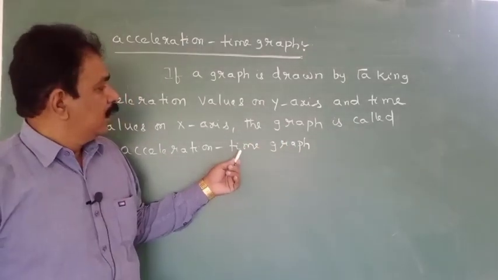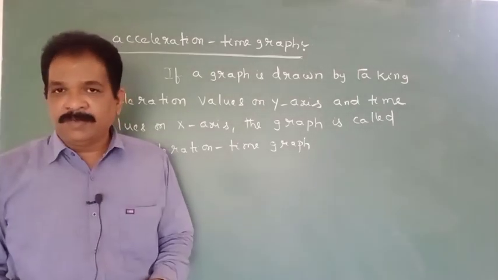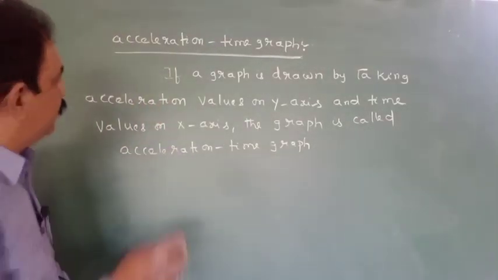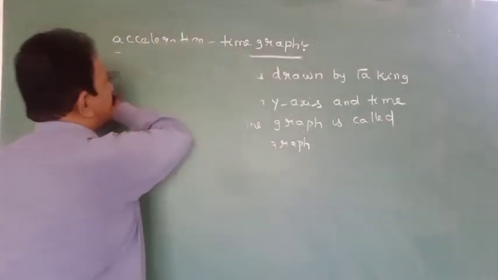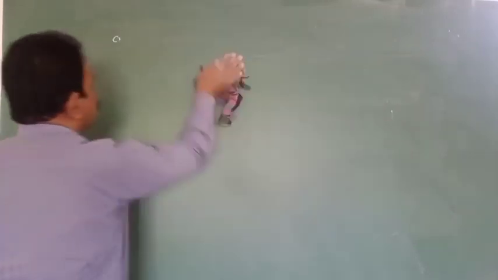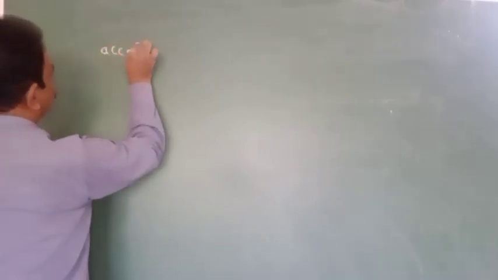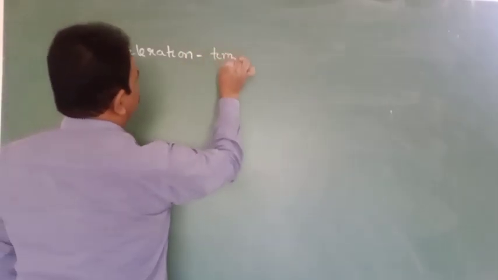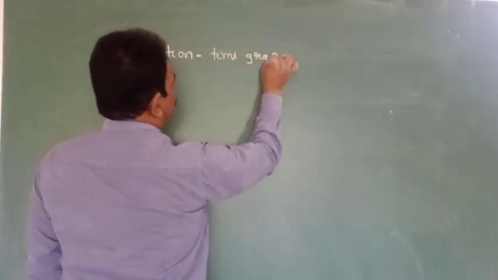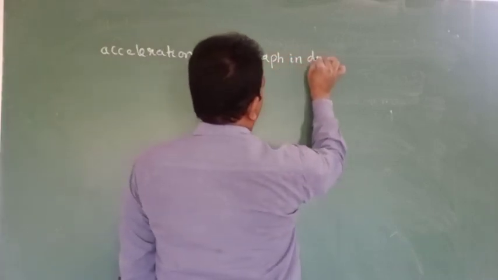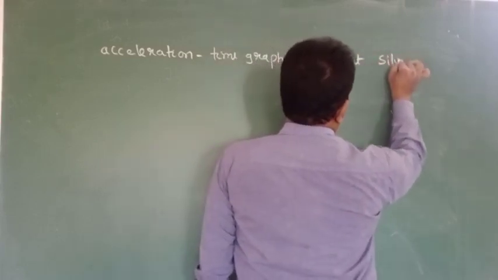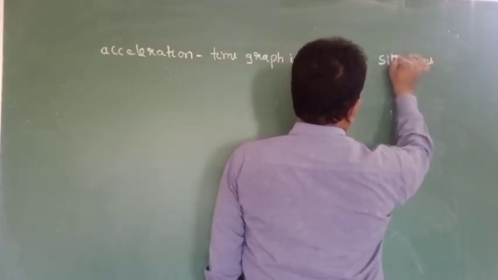Now, how many acceleration time graphs will be there? Very few only. How will the graph shapes be for the acceleration time graph in different situations? Clear?